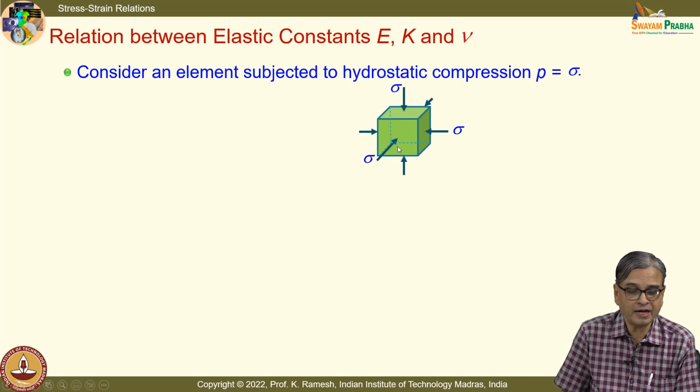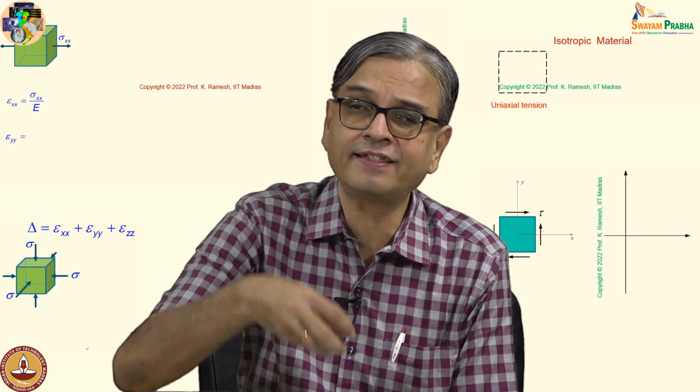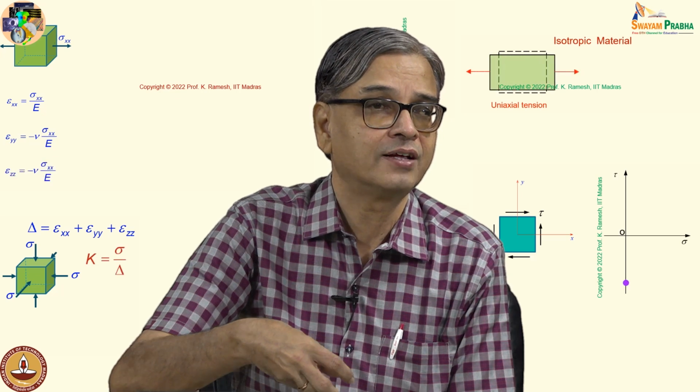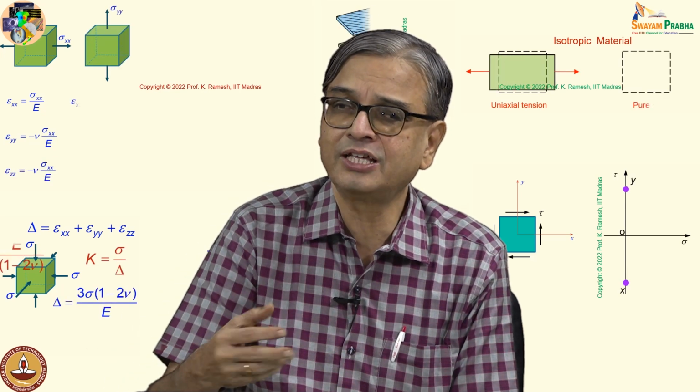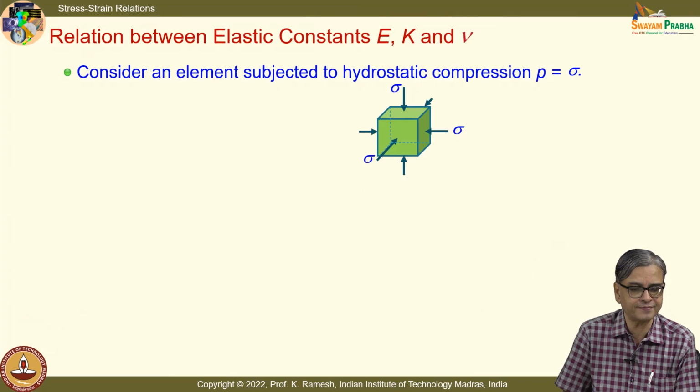And I have stresses acting on all the three faces, and they are of equal magnitude. That is why it is called hydrostatic. The idea is if you immerse anything inside a liquid, you will have equal pressure acting on all sides. So, it is a hydrostatic state of stress.